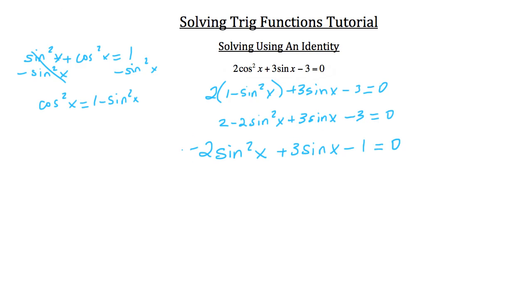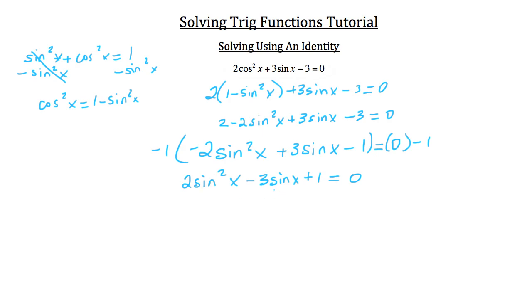So on the left-hand side, we're going to switch the sign of everything. So we now have 2 times sine squared x minus 3 sine x plus 1 is equal to 0 times negative 1, which is still 0.